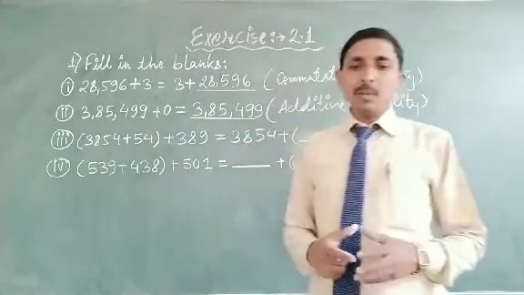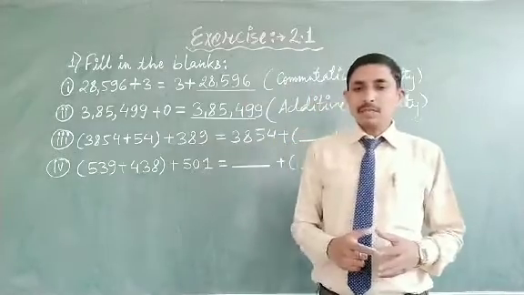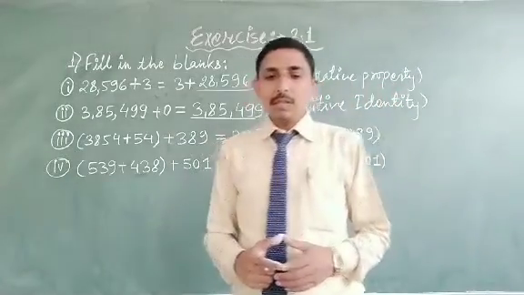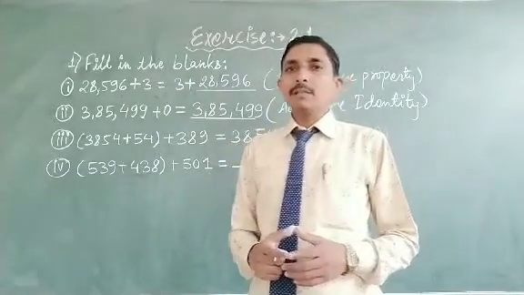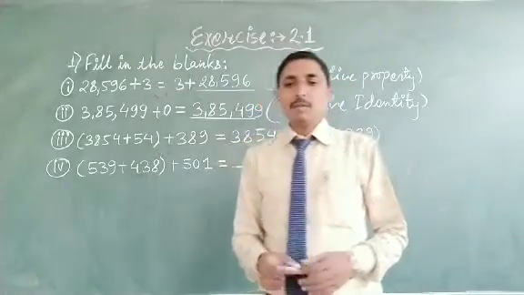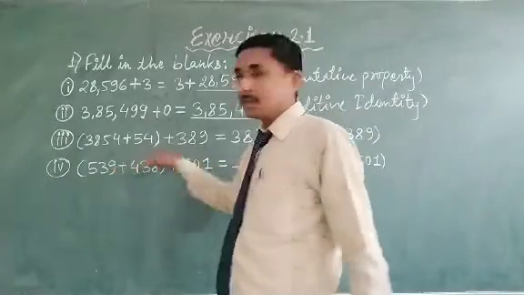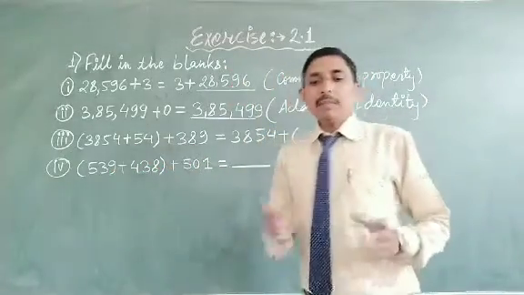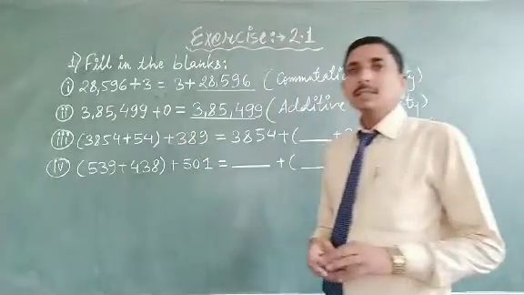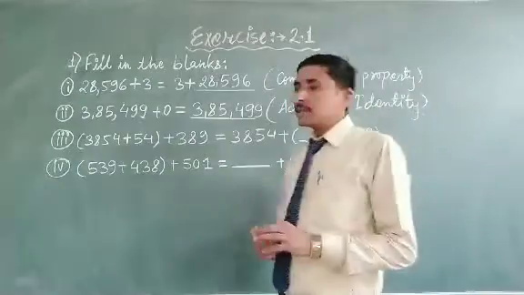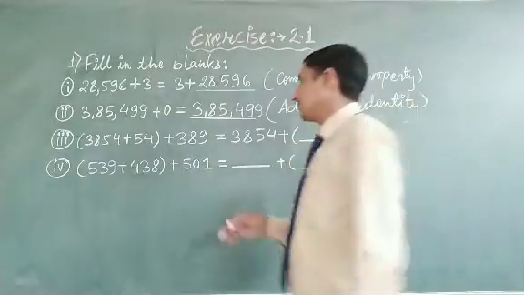In the associative property, what we say is that when we add three numbers, the manner in which the numbers are grouped and added, the sum always remains the same.